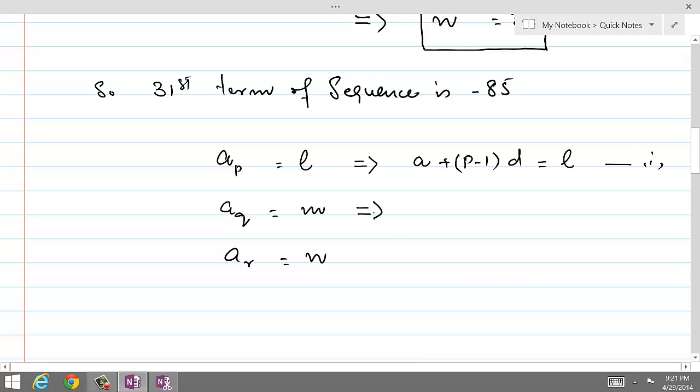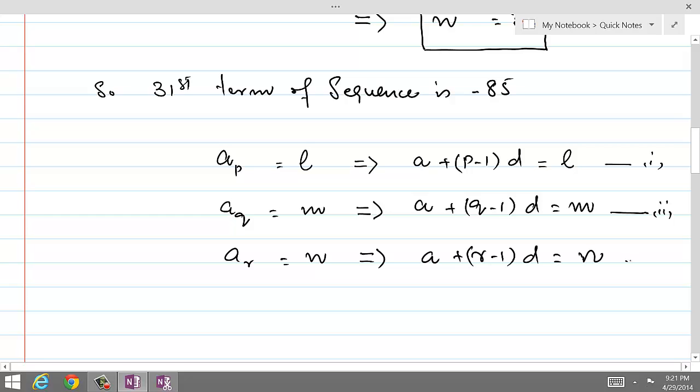If AQ is equal to M, it means A plus Q minus 1 into D is equal to M. Let's call this equation number 2. And similarly, A plus R minus 1 into D is equal to N. Let's call this equation number 3.